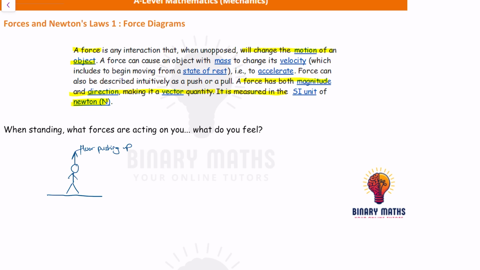So there must be another force involved so that the motion is unchanged, which means the other force is weight, which is pulling you towards the center of the earth. You feel weight due to gravity, and it is different for each object depending on the mass.